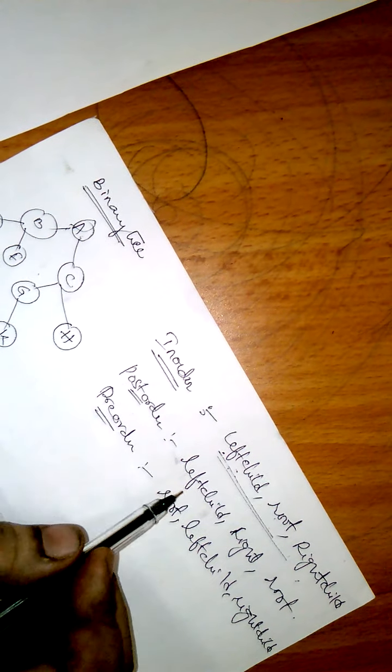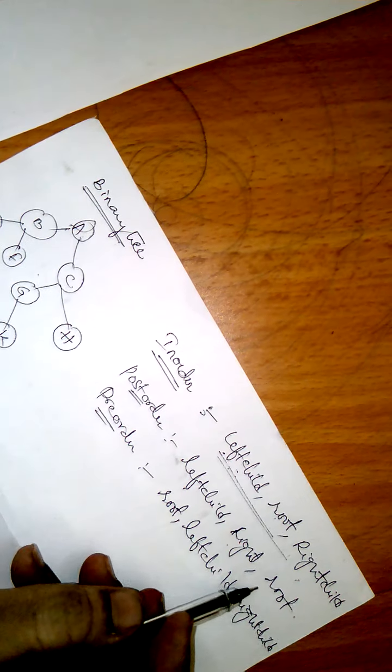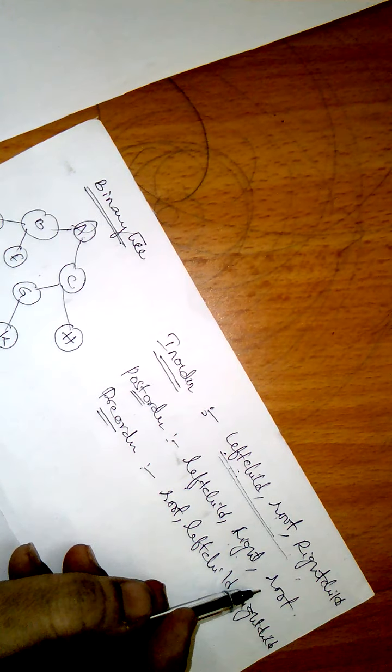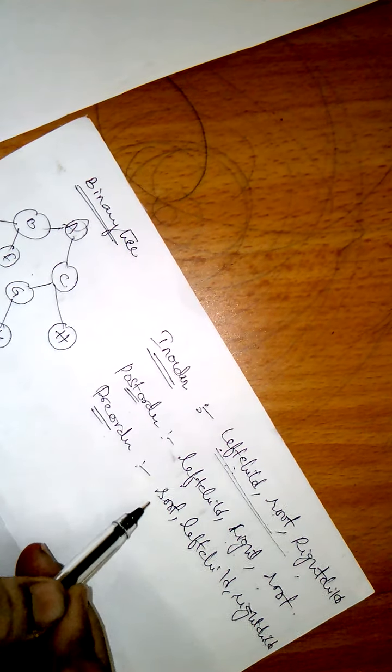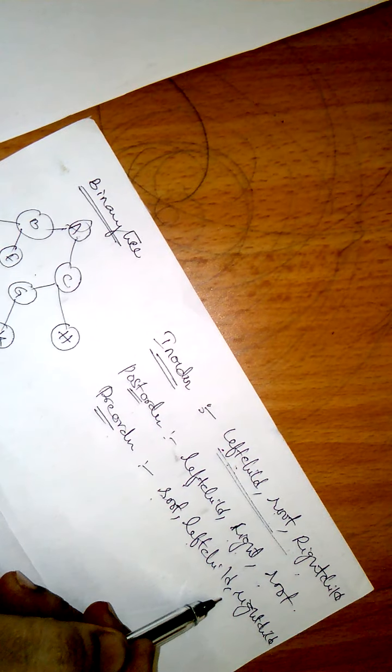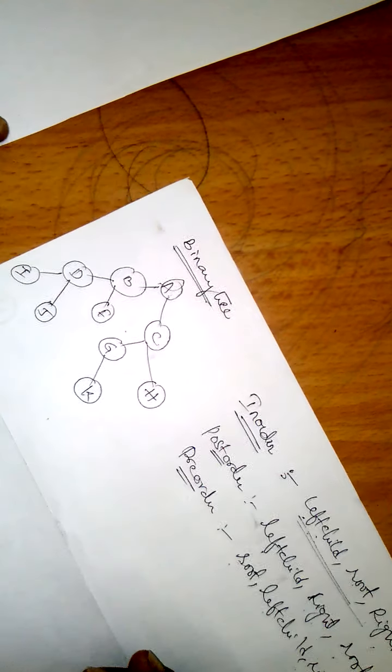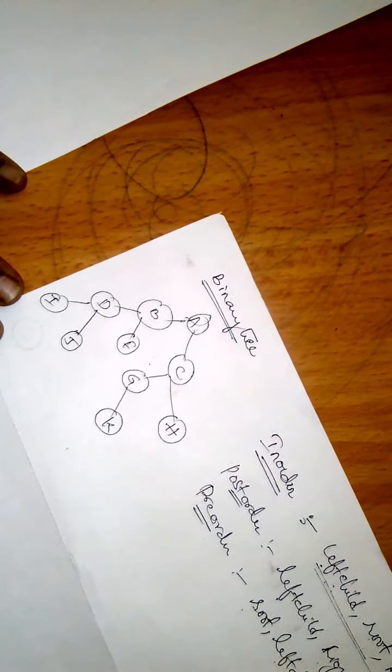Whereas in postorder, first visit the left child, then the right child, then the root. And in preorder traversal, first visit the root, then the left child, then the right child.